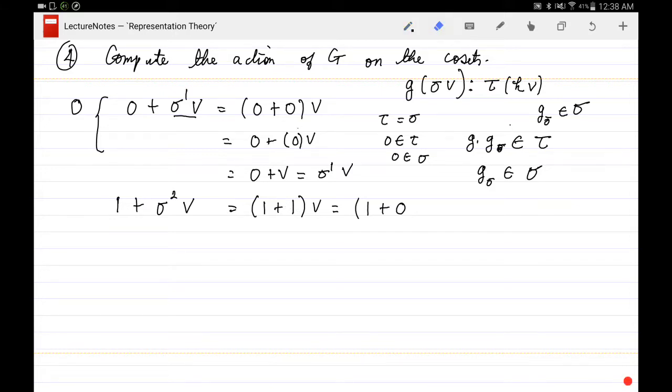I'm doing 0. So we're still doing 0 acting on the second coset, and then this is 0.